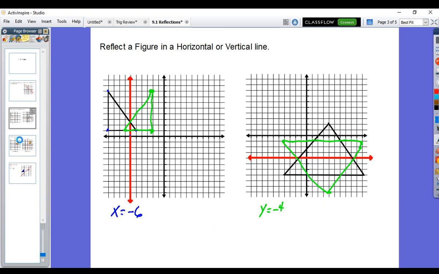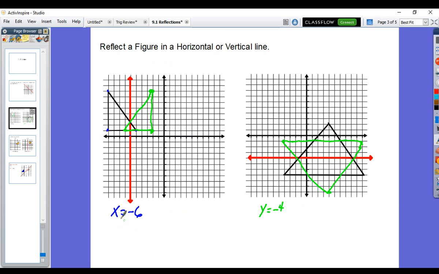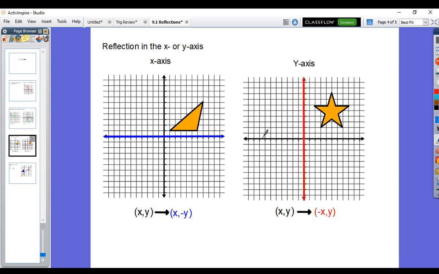Now, there are particular types of reflections, what they call x-axis or y-axis. Works very similar in the sense that it's reflecting either horizontally, up and down, or vertically, side to side. An x-axis reflection, even though over here x equals a number is a vertical line, reflects up and down.